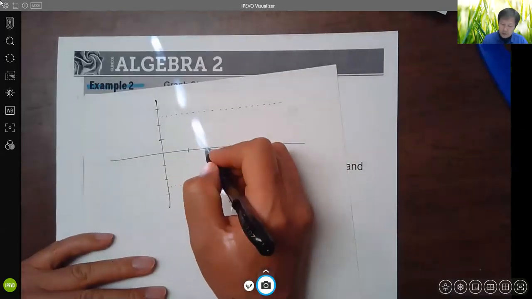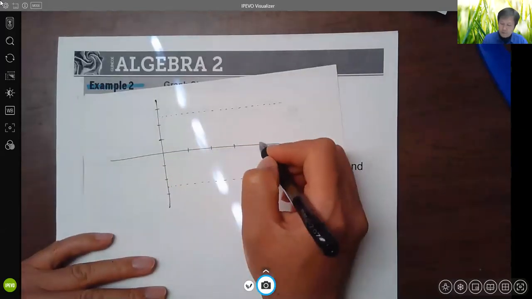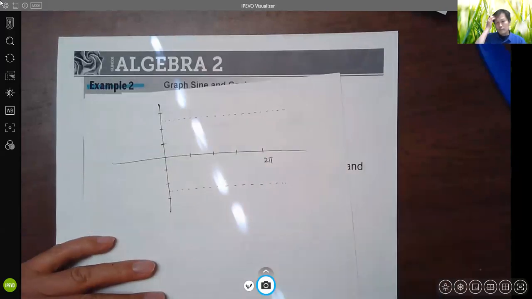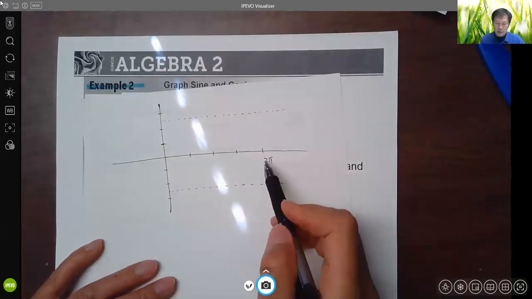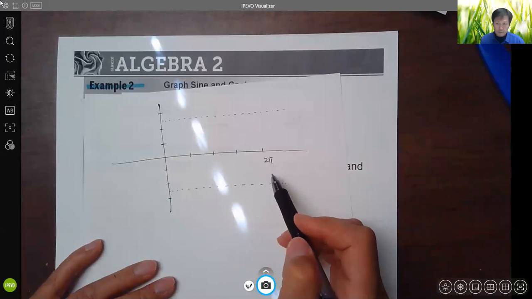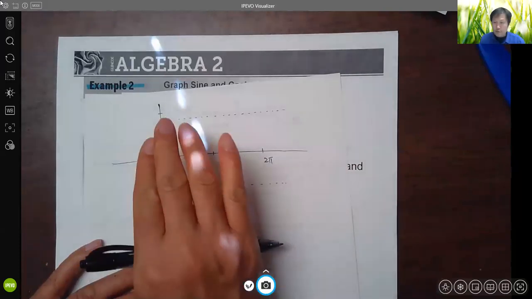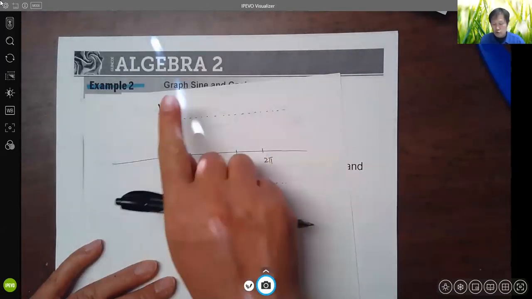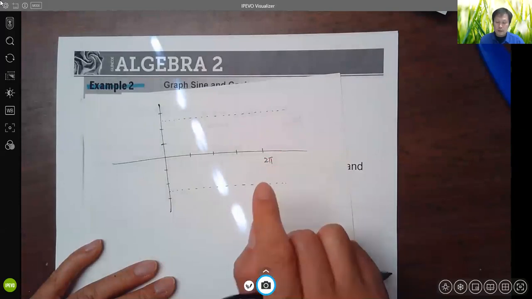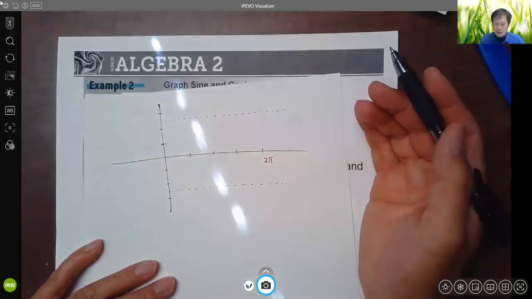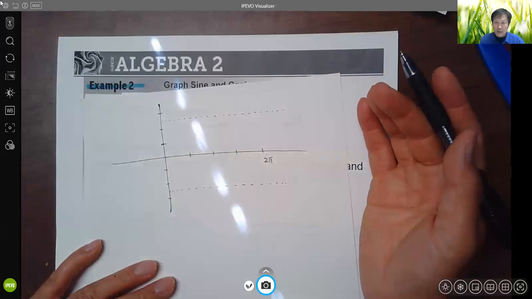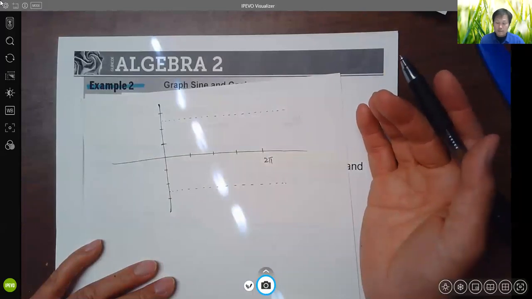So you need 1, 2, 3, 4 tick marks. And the fourth tick mark, you want to put as 2 pi, because you need 4 different shapes to graph the entire one cycle of sine function.